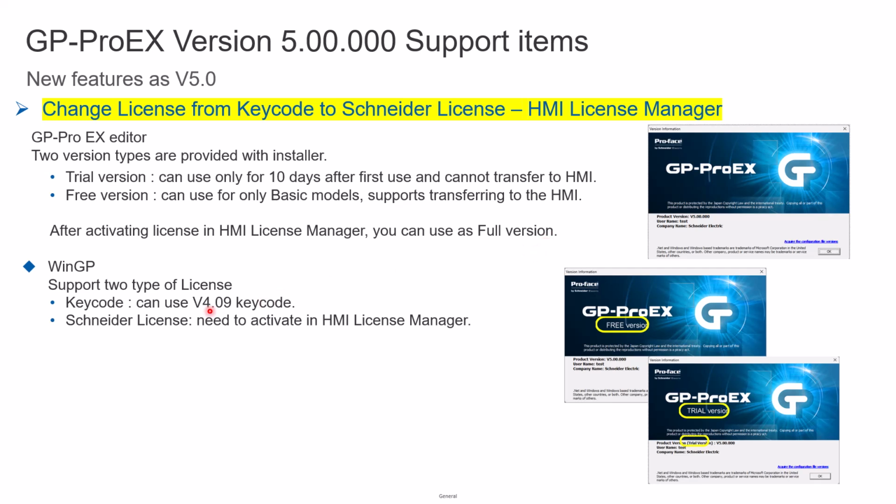For WinGP, which is the Windows runtime for GP Pro EX, we're supporting two types of licenses. We're still going to support the key codes from version 4.09, or you can use the new system like we're doing for the editor, and activate the runtime license in the HMI license manager.